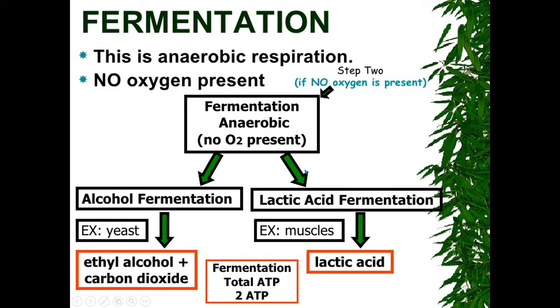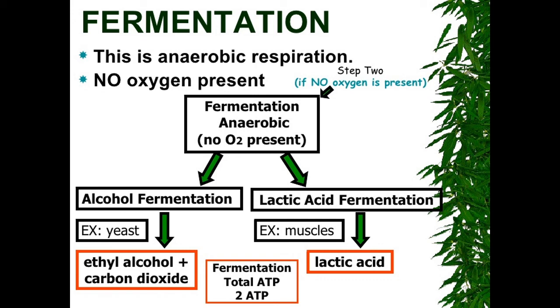In the same way, lactic acid fermentation takes place in muscles, and as a result, lactic acid forms. Lactic acid fermentation is of two types: homolactic fermentation and heterolactic fermentation. In homolactic fermentation, only lactic acid molecules are formed, but in heterolactic fermentation, a molecule of ethyl alcohol, lactic acid, and carbon dioxide is formed.